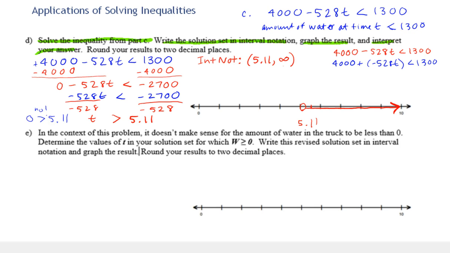So you will say, when t is greater than, and that means strictly greater than, we're not going to write the equal to, when t is greater than 5.11 seconds, make sure you include your units so we know it's seconds and not minutes or hours, the amount of water is less than 1,300 gallons.